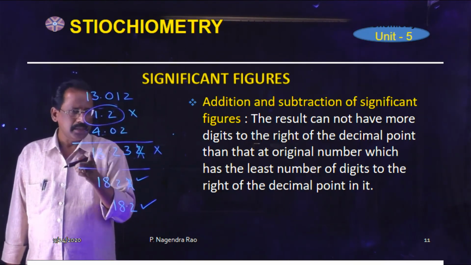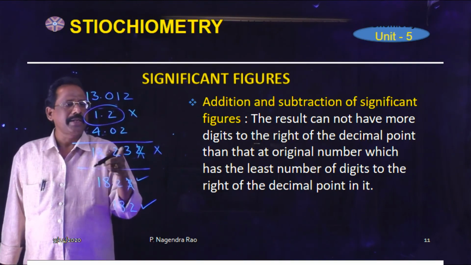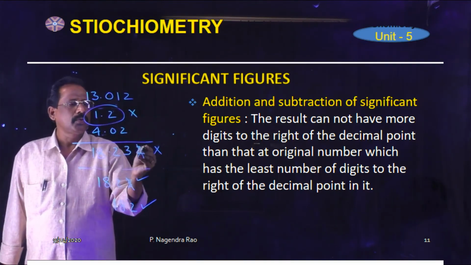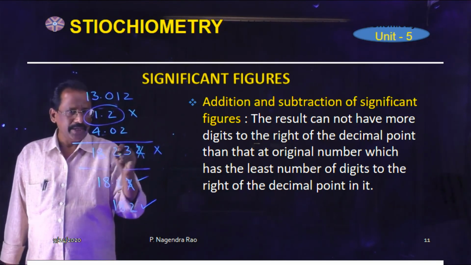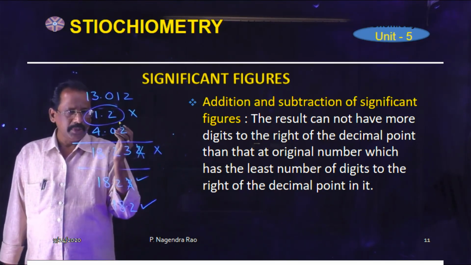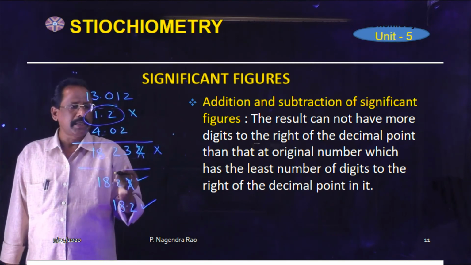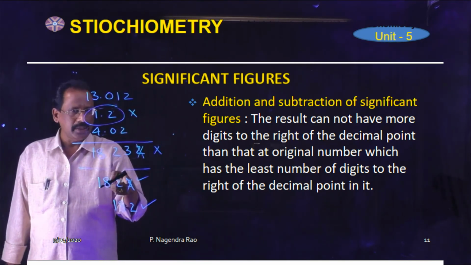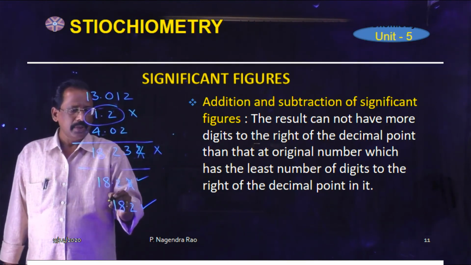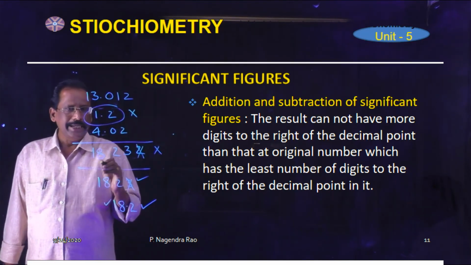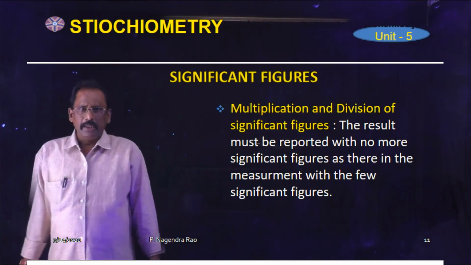So your answer should be like that only. That's why round off these 2 digits. Here 2 is less than 5, so there is no change in the preceding number. And once again this is also less than 5. So there is no change in the preceding number. So the final answer is 18.2.